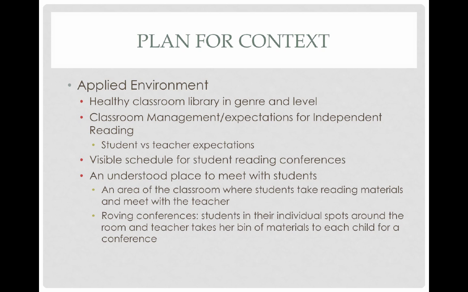There should also be a visible schedule for student reading conferences and an understood place to meet with students. This could be an area in the classroom devoted to reading conferences, like a table with the teacher's materials already there, and students have to bring their materials with them to the conference. Or it could be a roving conference where students stay in their own spots, but the teacher moves to them with the material she needs.